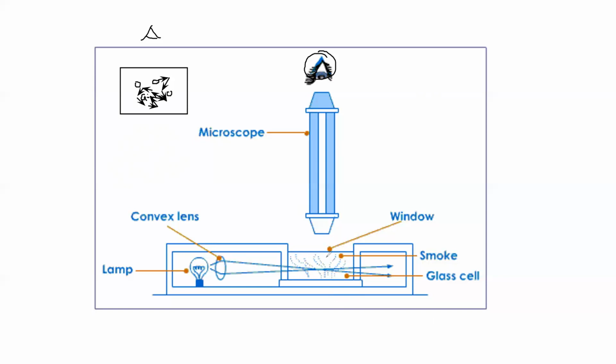So this experimental setup is based on the idea that the smoke particles are visible to us, so when the light is passing through, we can see the smoke particle undergo a random motion. As they undergo a random motion, we call that Brownian motion. Is the experimental setup clear?